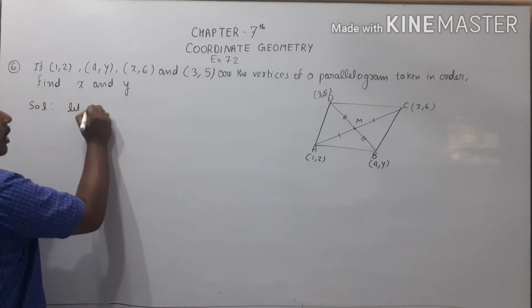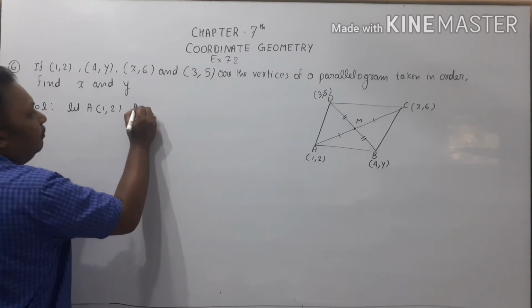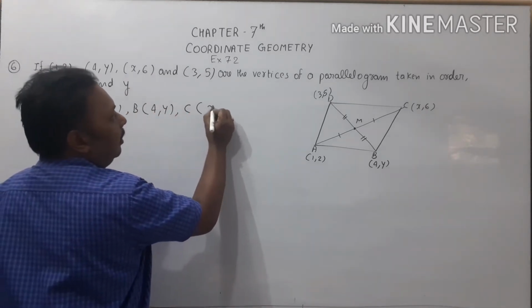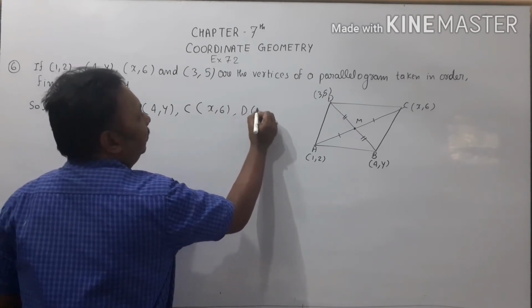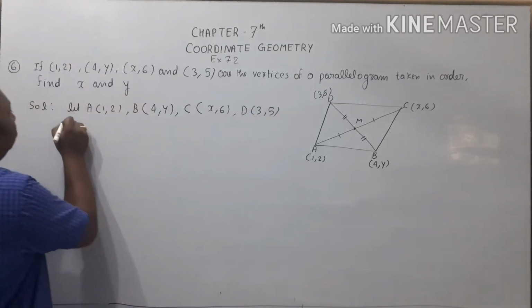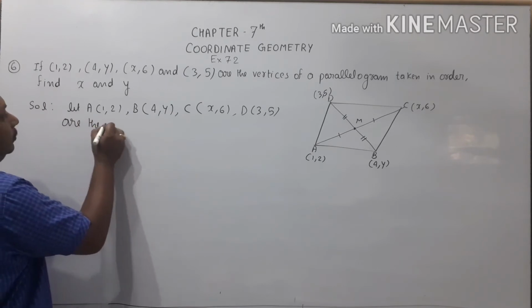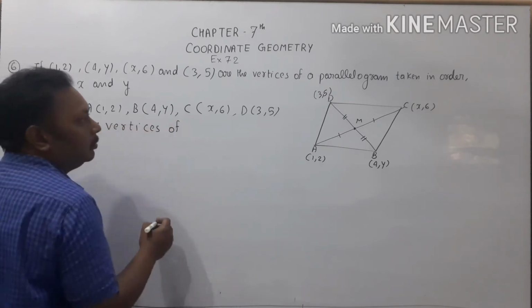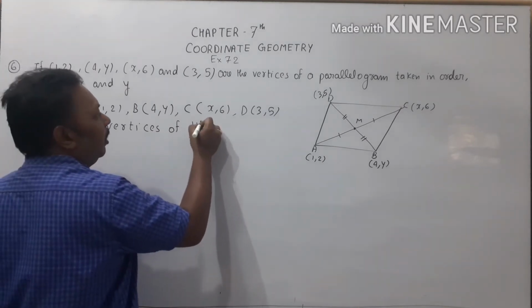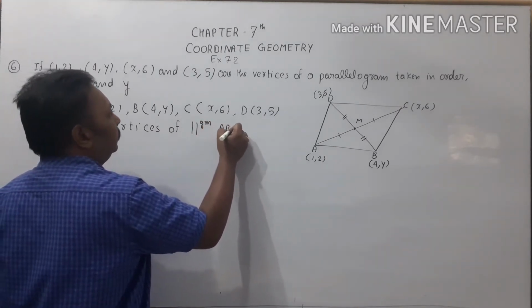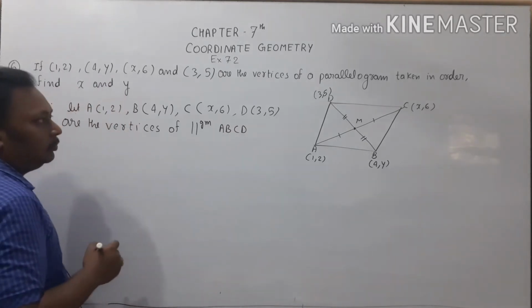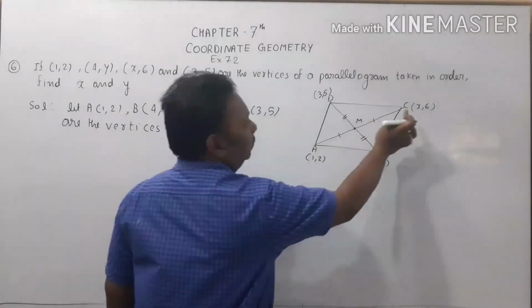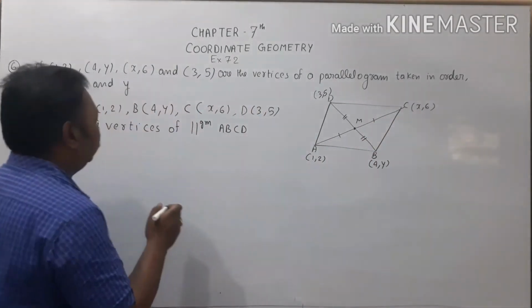Let A (1, 2), B (4, y), C (x, 6), D (3, 5) be the vertices of parallelogram ABCD. We find out the value of x and y.